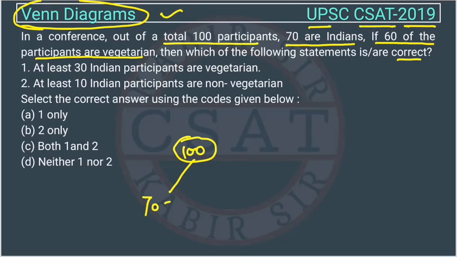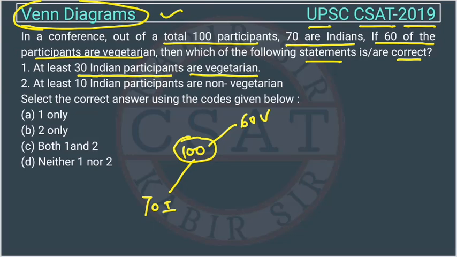So we have this information. And what other information do we have? We have the information that out of this 100, 60 participants are vegetarian, right? We have only this information. Now we have to find which statement is correct. At least 30 Indian participants are vegetarian, right?